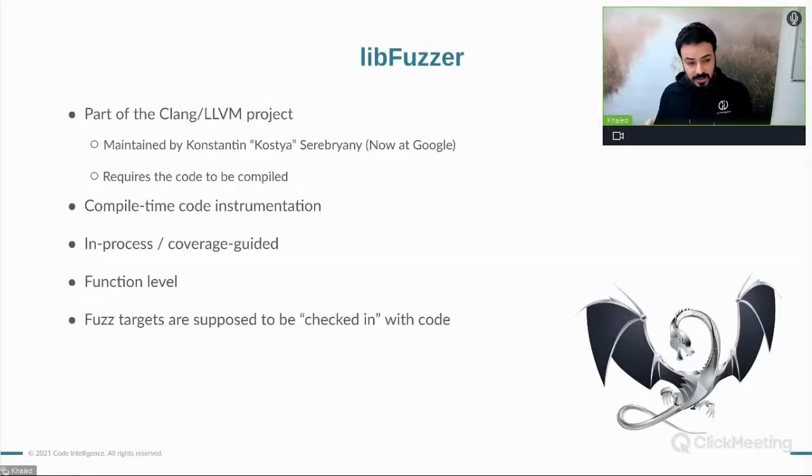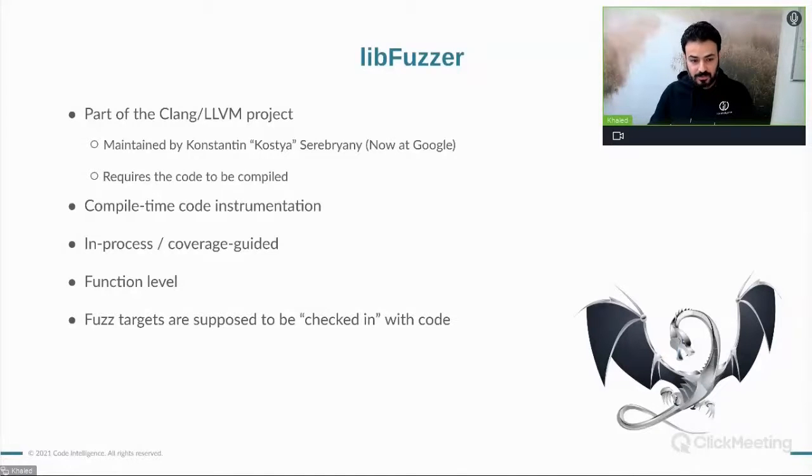And the main idea here is that these fuzz tests, which we will see in the next slide, are checked in with the code. You can think of it as a normal test that you check in with the code, and these fuzz tests fuzz the current version of the code that you're checking in.